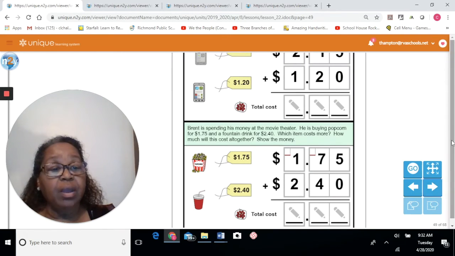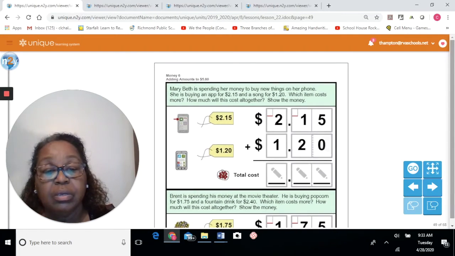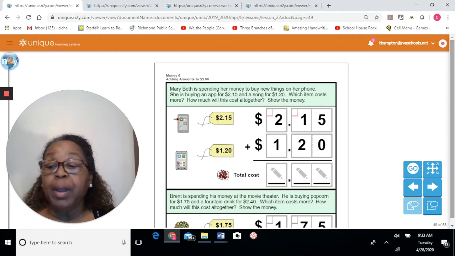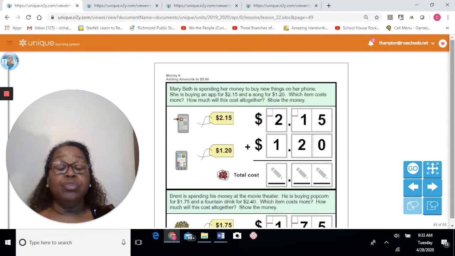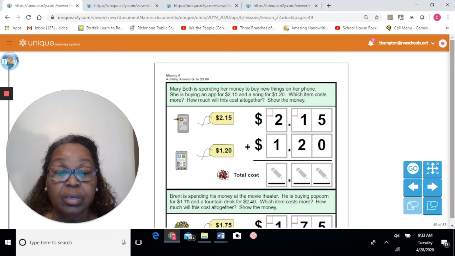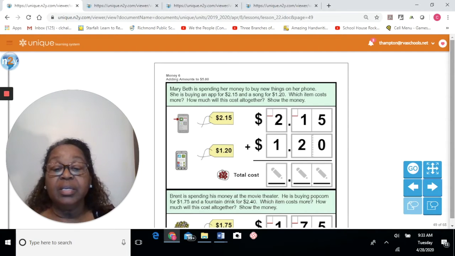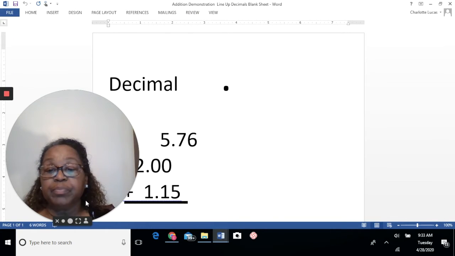Now, we are giving money away to cashiers, but sometimes you buy more than one thing, don't you? And when you buy more than one thing, you need to be able to add your money so that you'll know how much money to give the cashier. And when we're adding money, it gets a little bit different than when we're adding regular digits together.